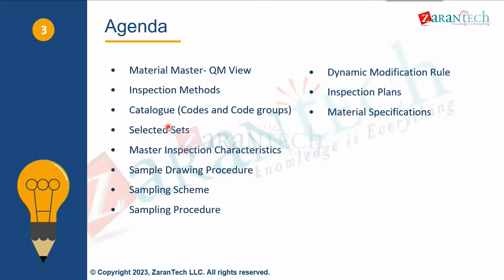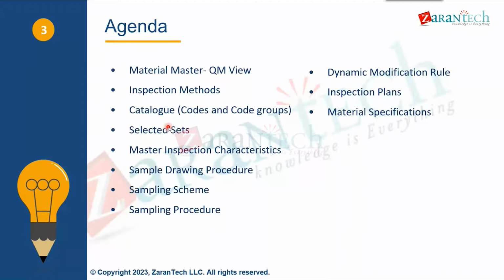What is the catalog type used for usage decision? 0, 1, I think 3 is there. Yes, 3 is for usage decision. What about for characteristics? 1 will be for characteristic.